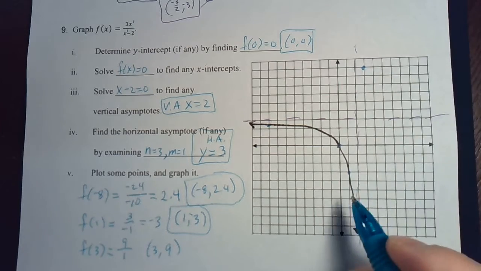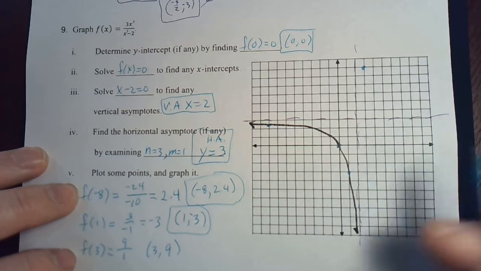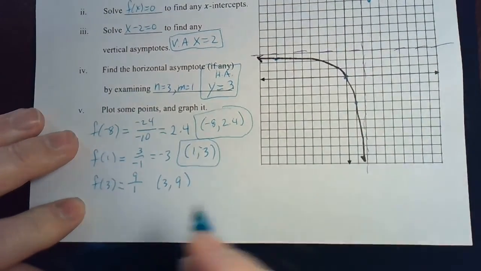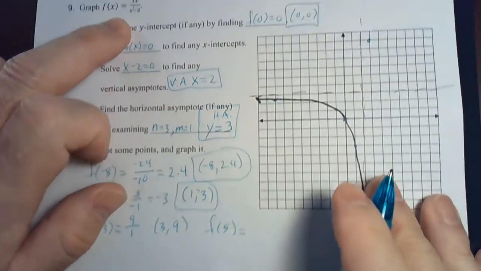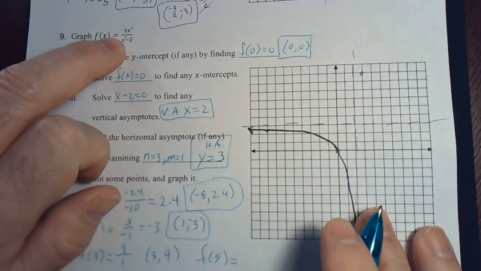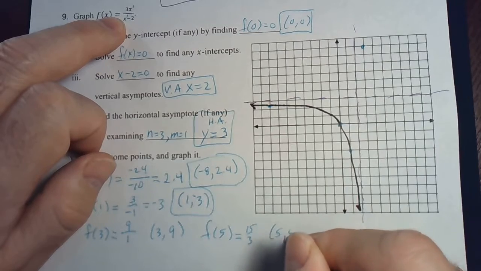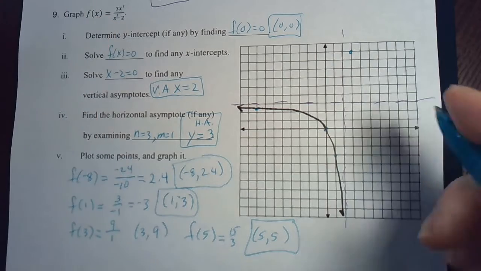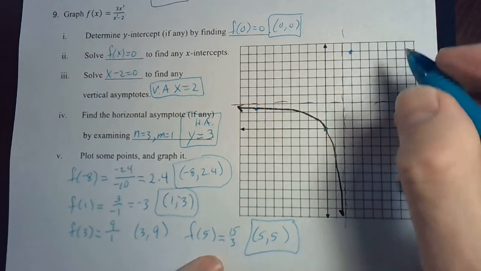All right, and let's do maybe a 5 and 8. F of 5 is 15 over 5 minus 2, 15 over 3. So that gives us 5 comma 5. 1, 2, 3, 4, 5.